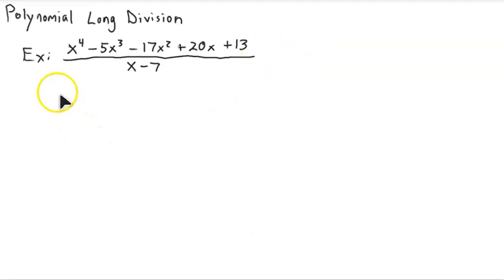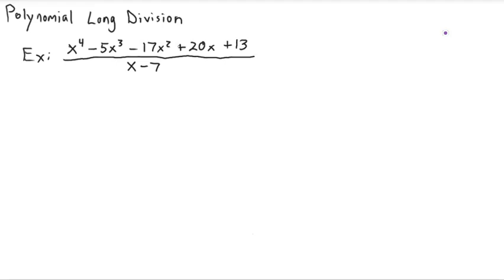So we're going to divide this polynomial, x to the fourth minus 5x to the third minus 17x squared plus 20x plus 13, by the binomial x minus 7. What we're going to do is set it up the way you're accustomed to with division.